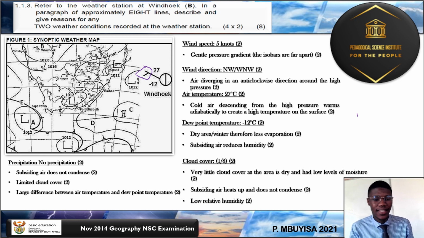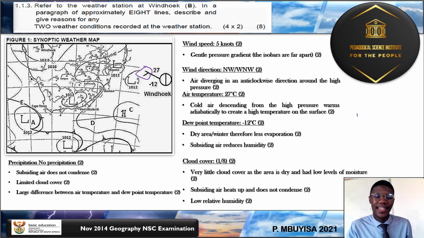And the last reason is that if you look at precipitation, that's another feature, there is no precipitation. And why don't we have precipitation? Because subsiding air does not condense. Remember, cold air is dry, it does not have moisture, so it will not condense. And as a result of limited cloud cover, again, we won't have precipitation.